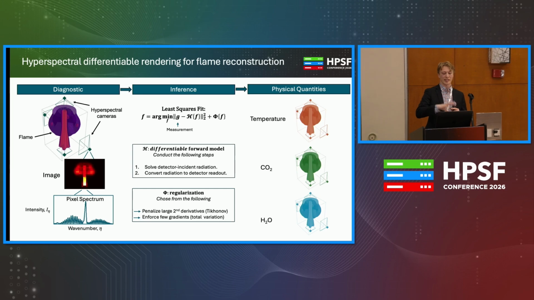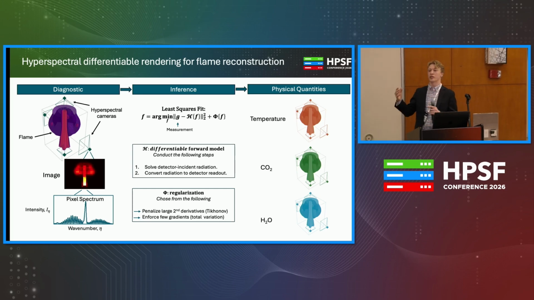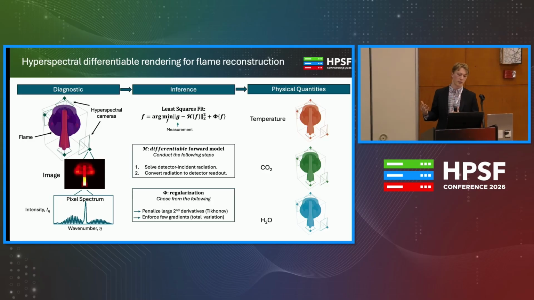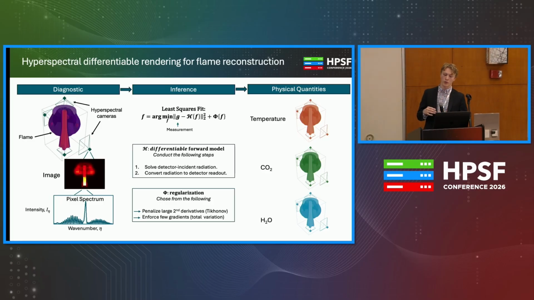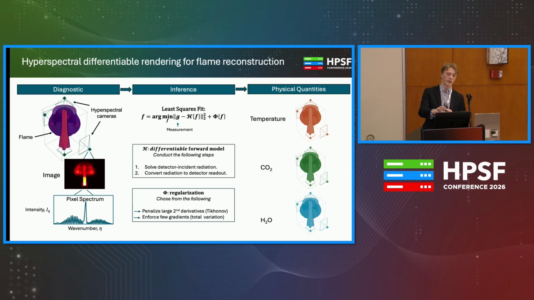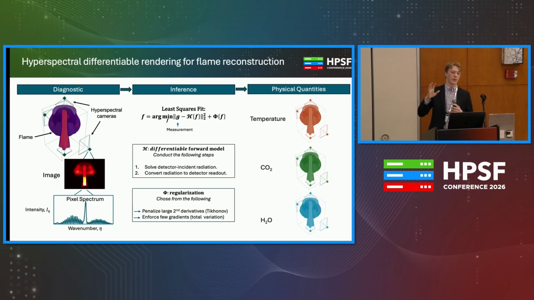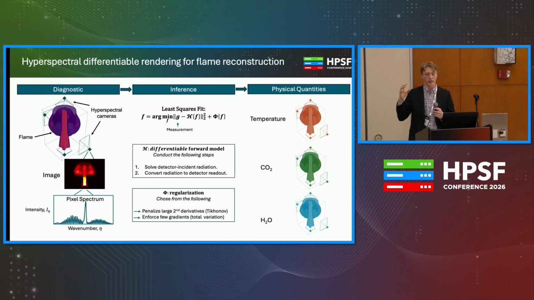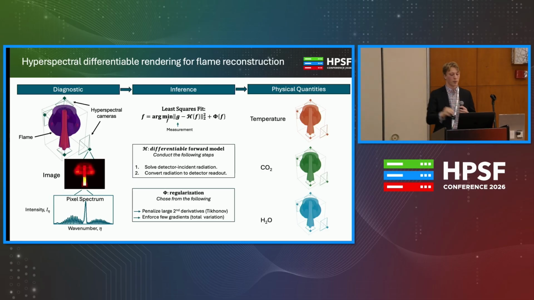Given this data, this ground truth measurement, we then construct an inference procedure, which is a nonlinear optimization process, where we parametrize our scene, namely how much CO2, how much NO, or what is the temperature at different locations. Using a differentiable model, we map those parameters to what our observation is in the measurement. This is the same forward process that I just mentioned that we use to do that map.